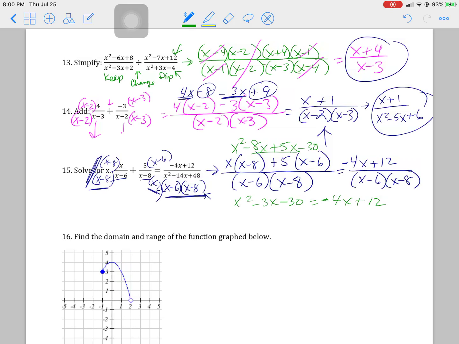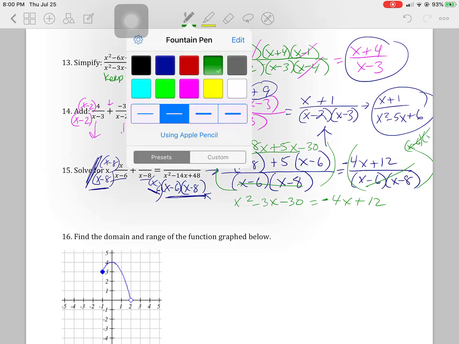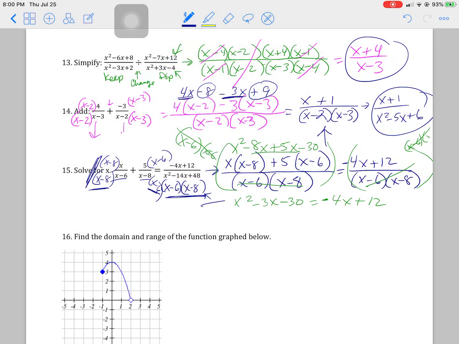And if you can picture multiplying this whole side and this whole side by the LCD again, it's going to cross out. Do it over here too. All right, so you actually literally get left with this problem right here, okay?